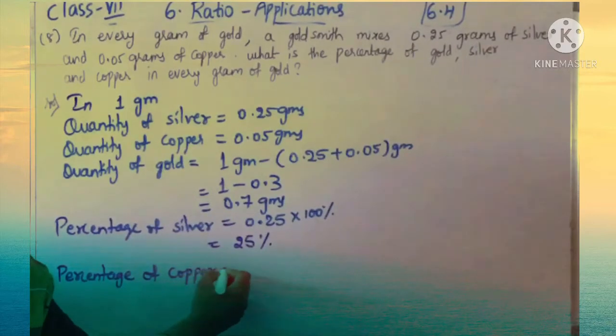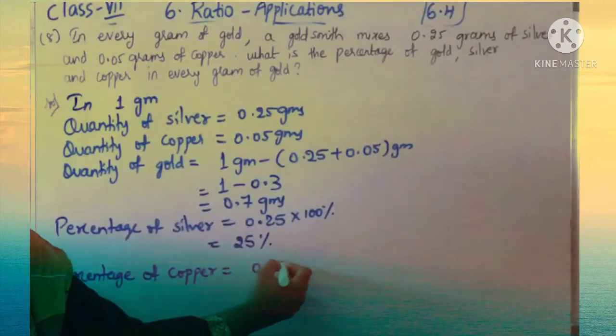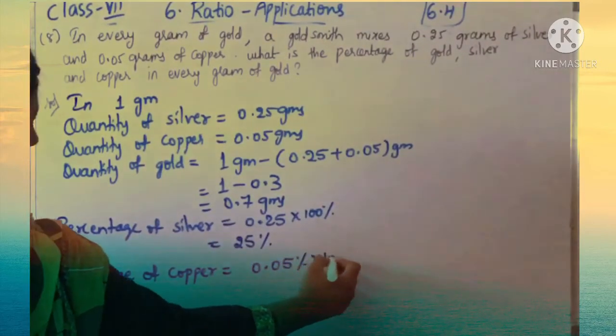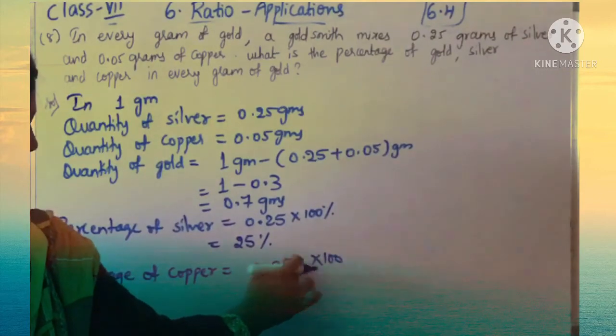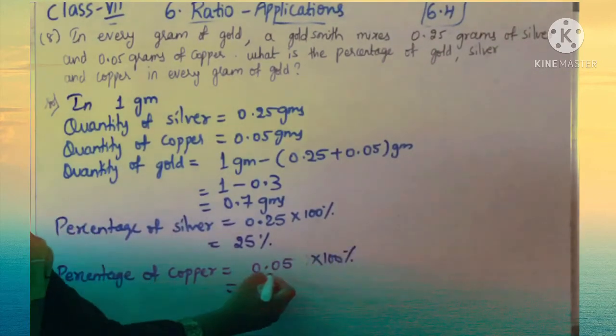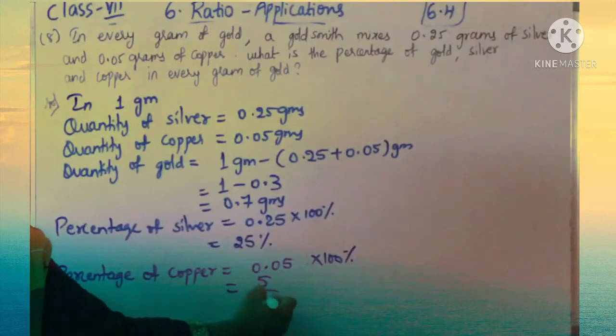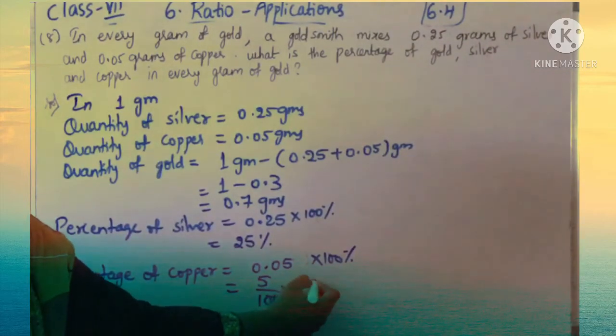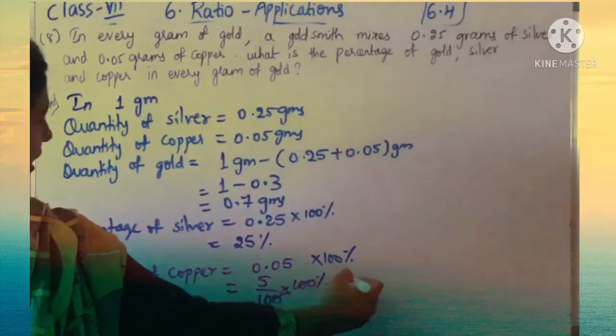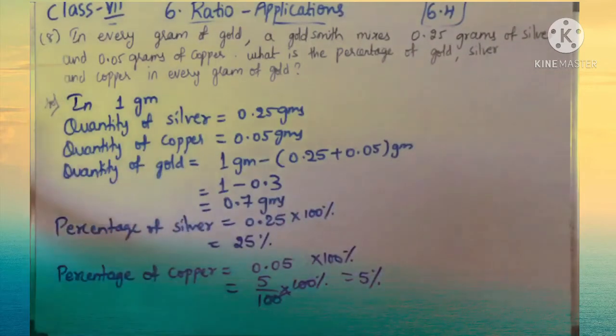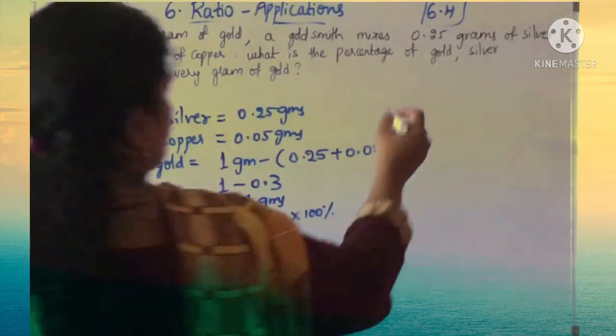Percentage of copper is 0.05, right? 0.05 into 100%. So here 0.05 can be written as 5 by 100 into 100%. When you cancel the 100, you will get 5%. Similarly, we will find the percentage of gold here.